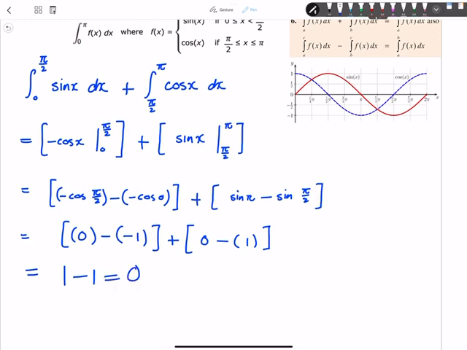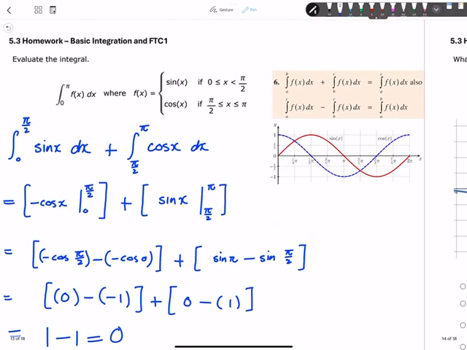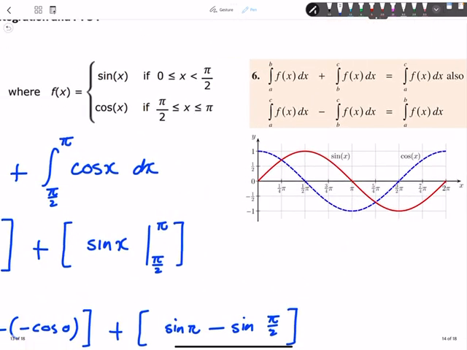And again, just to confirm here, let's look back at our graph and make sure that graphically this does make sense. I'm going to go ahead and shade on my graph here for you. The integral of sine between 0 and pi halves, so if we shade the area under sine between 0 and pi halves, this is the little area that we're looking at, right?